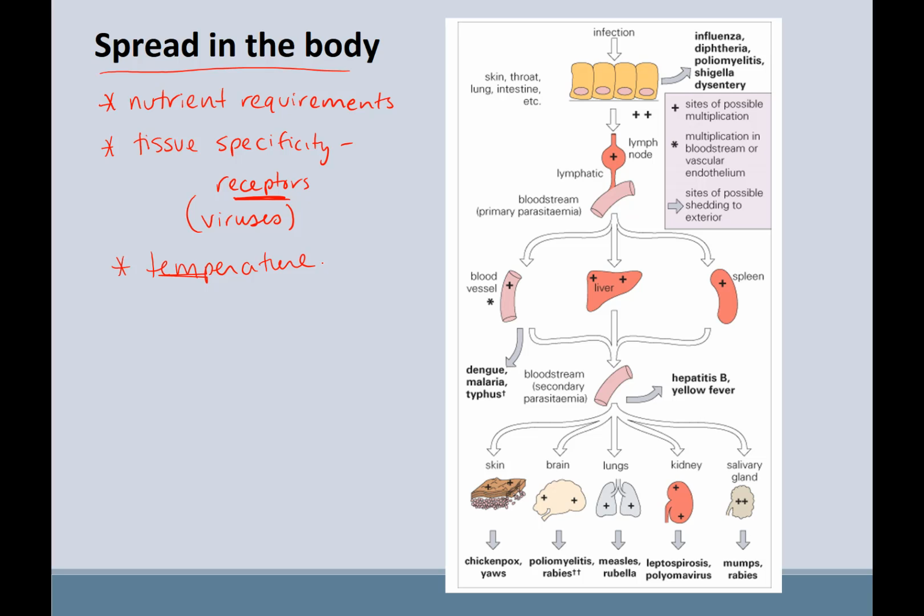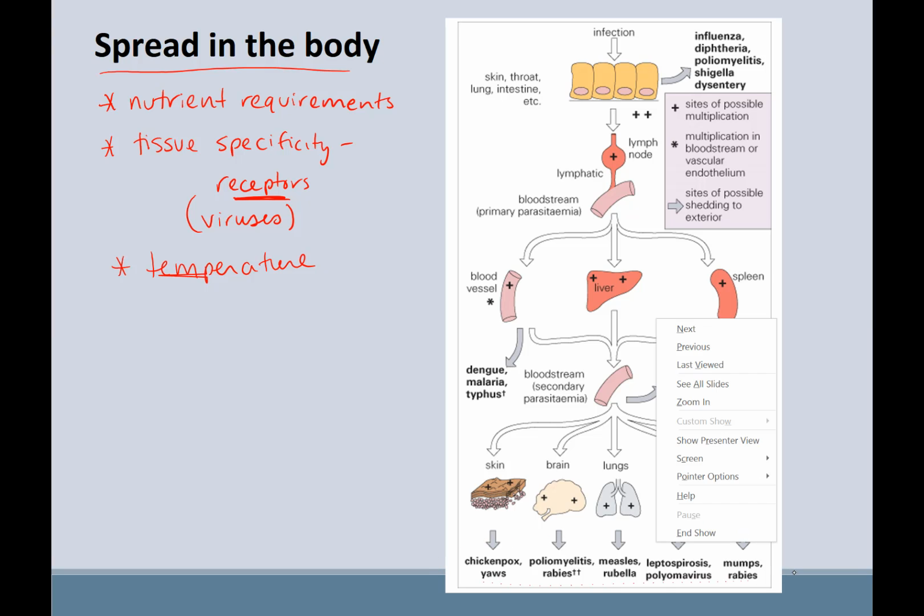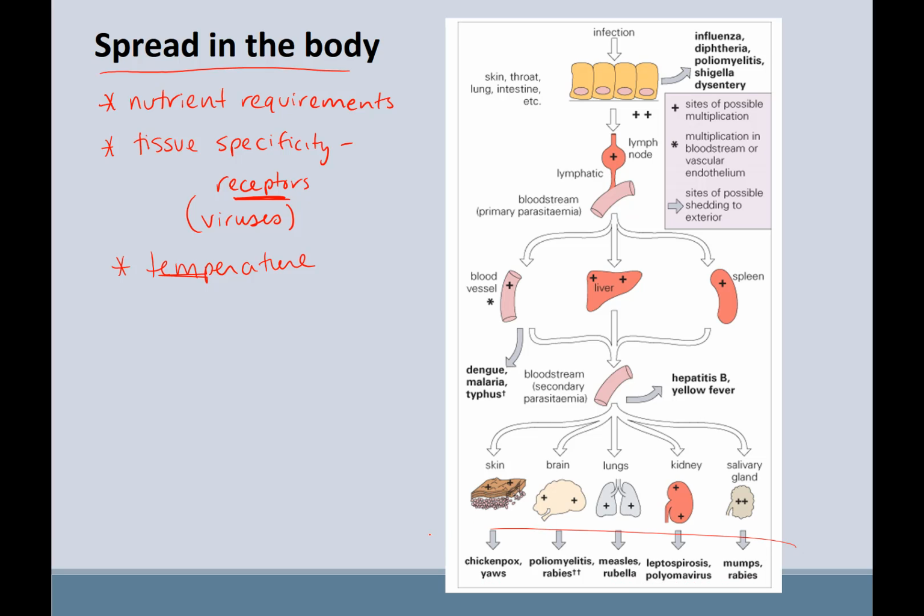This is something when you get into your group presentations that you will talk about: how these viruses spread in the body, what organs they infect. As you can see, different organs and tissues there. Is it a more surface infection?